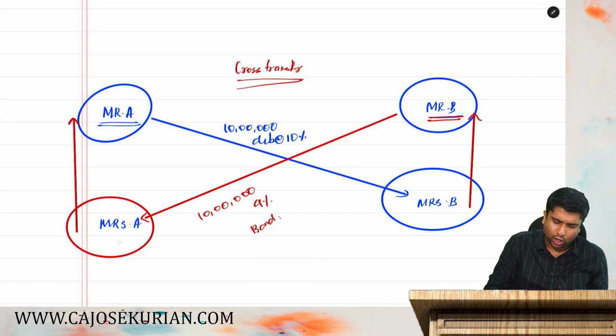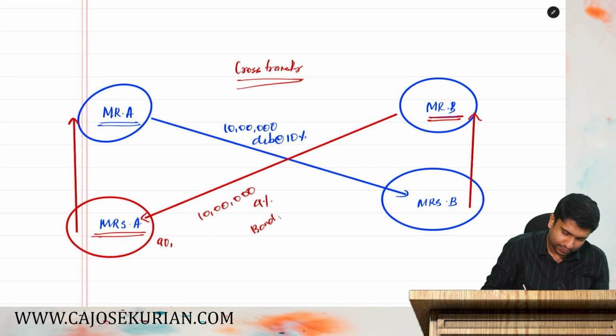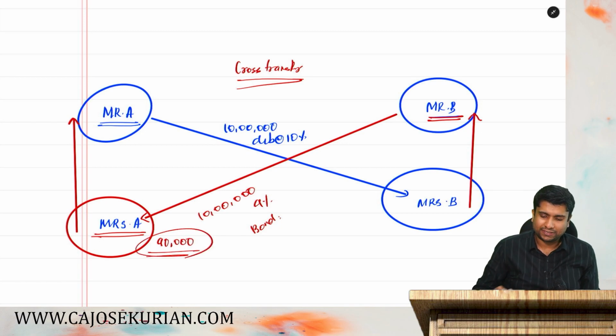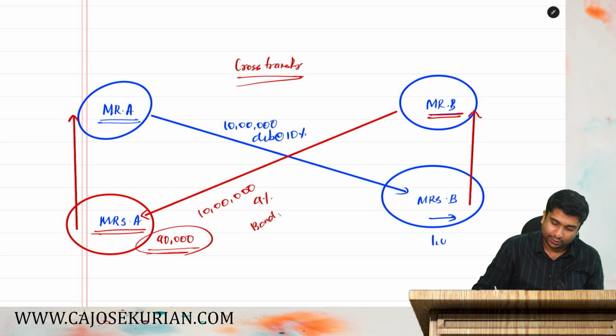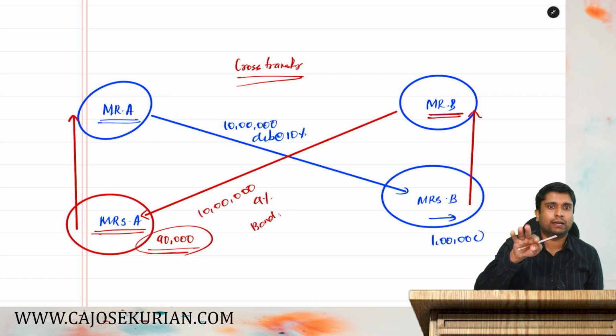Now you tell me, how much is the income received by Mrs. A? 90,000 rupees. Yes or no? How much is the income received by Mrs. B? 1 lakh rupees. So this is not a matching amount.